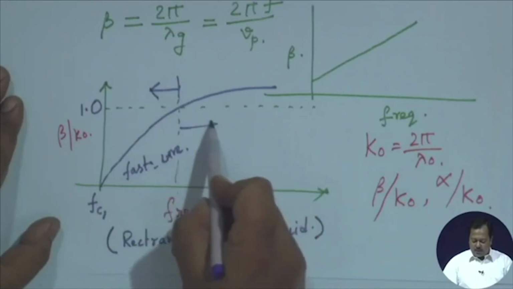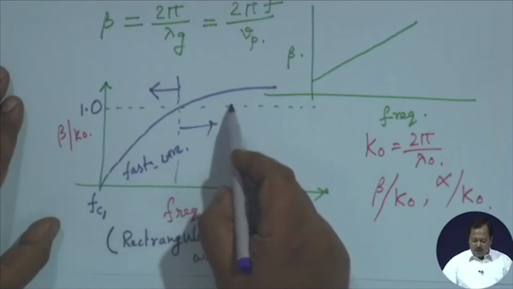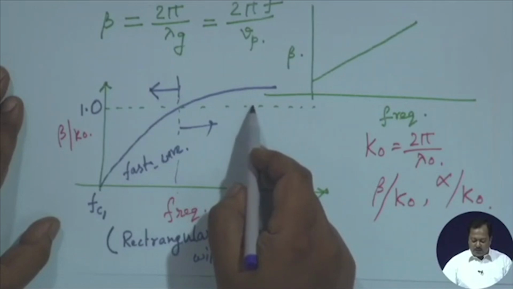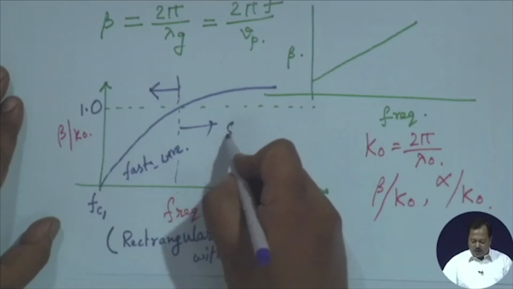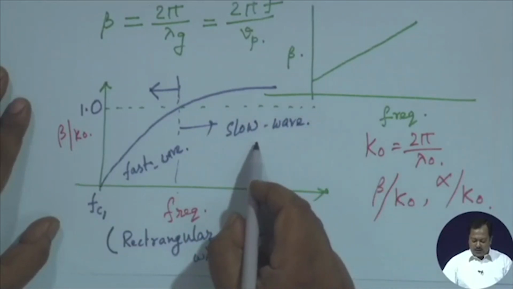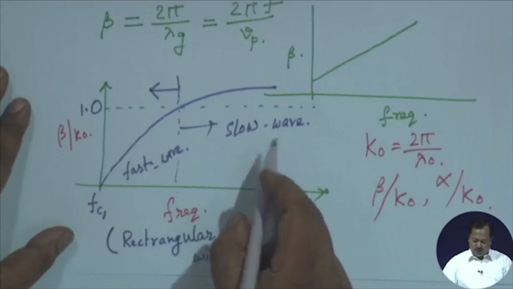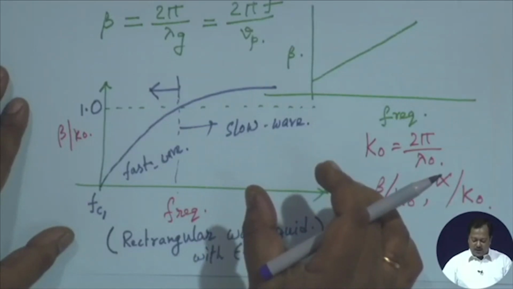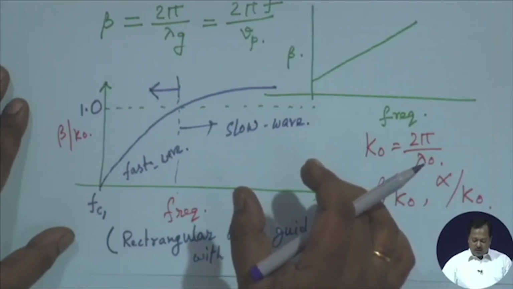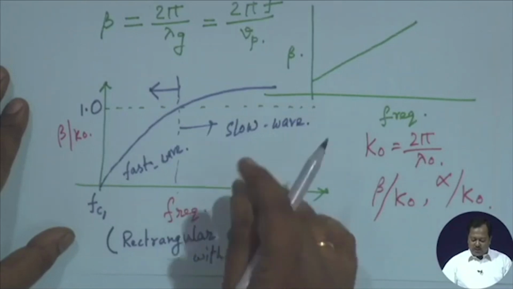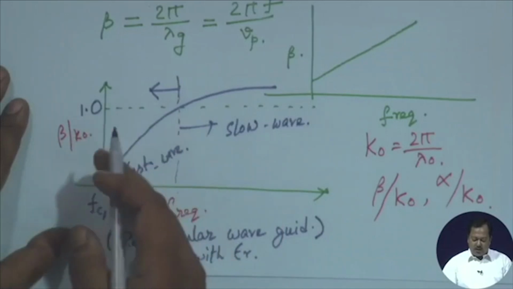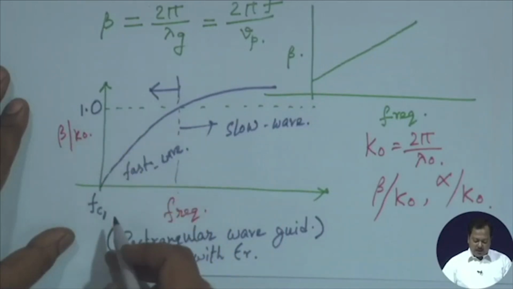The right hand side part, for which beta by k naught is more than 1 or phase velocity is less than c, we call the slow wave region. In this region lambda g is smaller compared to lambda naught. So, component miniaturization is possible for the right hand side, while for the left hand side we can design a leaky wave antenna very easily.